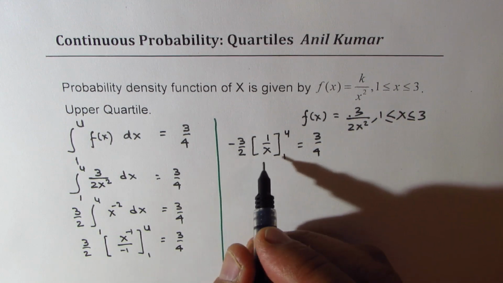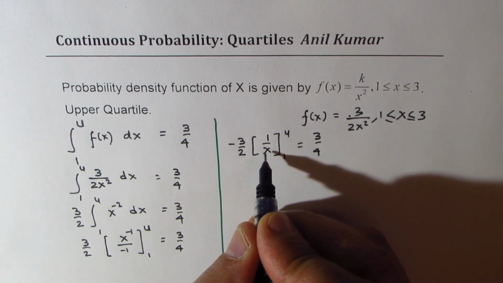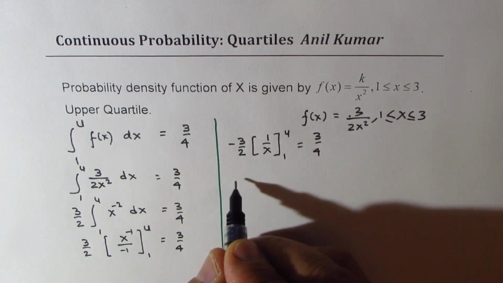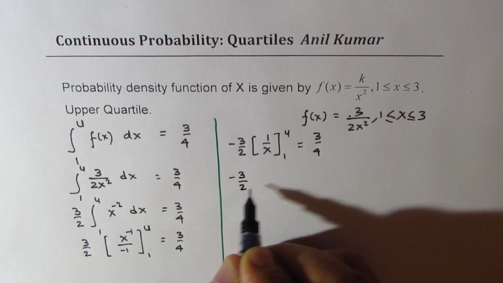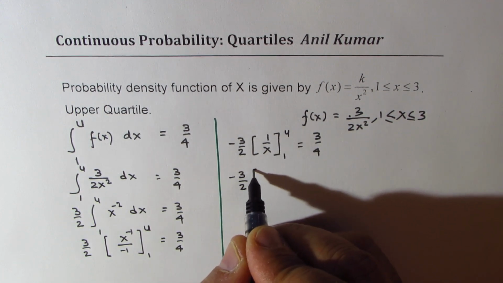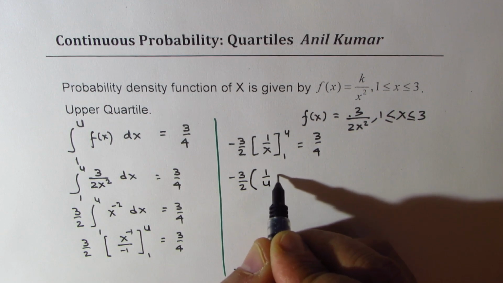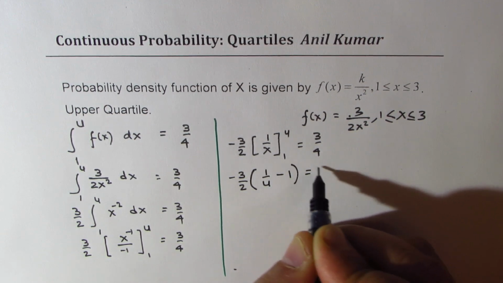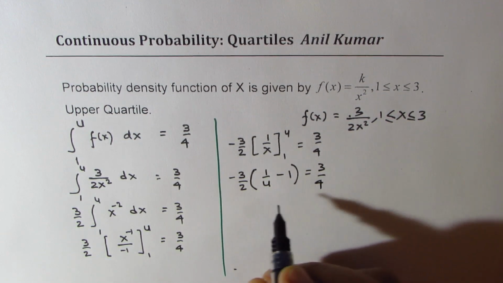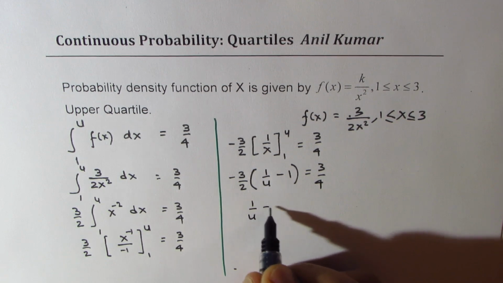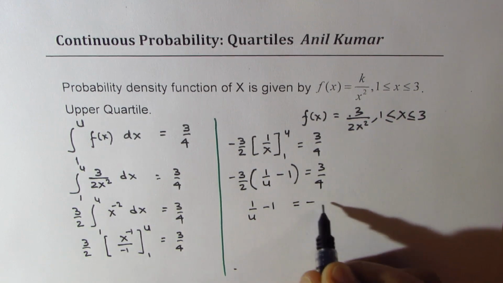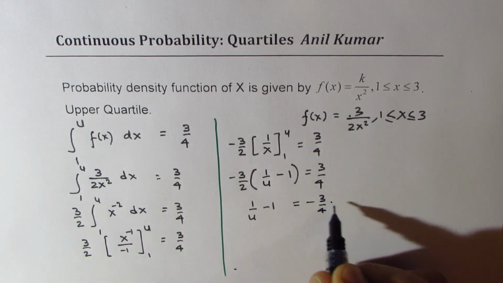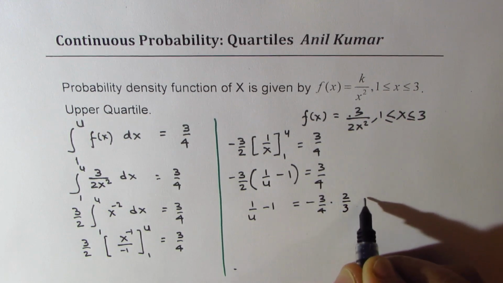Cross multiply. So we get, well, let me write like this first. 1 over u minus 1 equals 3 over 4. Now let's cross multiply. So we get 1 over u minus 1 equals minus of 3 over 4 times 2 over 3.